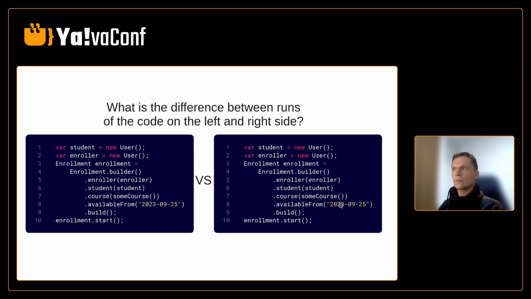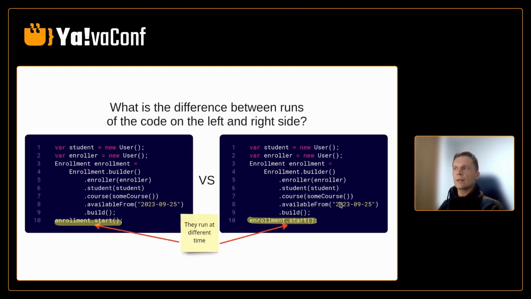What is it? The code is identical, the JVM is identical, everything is identical, but there is one thing: those two pieces of code can run at different times. So they can produce different results. But looking at this code over here, can you really see it? I doubt it. It's impossible. You don't know.